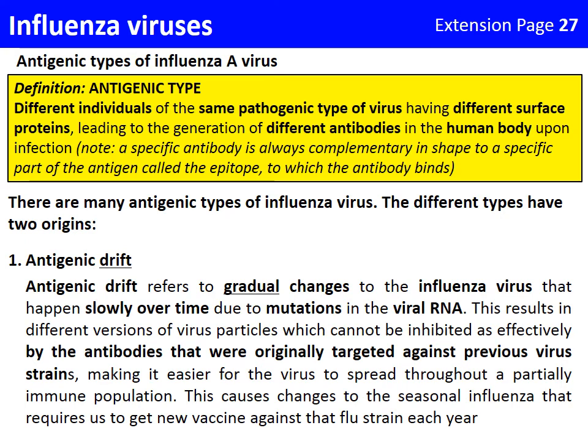So it's important to be able to define what the term antigenic type actually means. So we define antigenic type as different individuals of the same pathogenic type of virus having different surface proteins or different capsid proteins, leading to the generation of different antibodies in the human body. So slightly different strains of influenza virus will have slightly different shaped capsids because of slightly different proteins that make up the capsid.